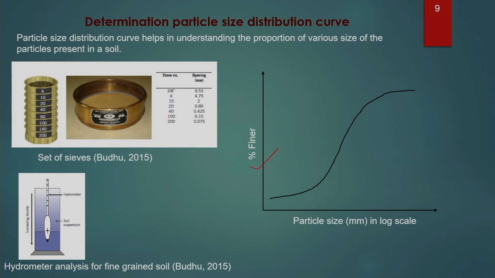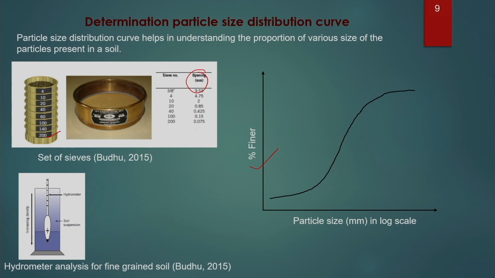First, for a coarse grained soil, we can do that with a set of sieves. You can see a different set of sieves with numbers 4, 10, 20, 40. Each number represents an opening size, from 9.53 to 0.075 mm. This is the lowest one.